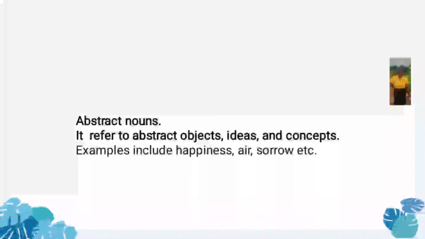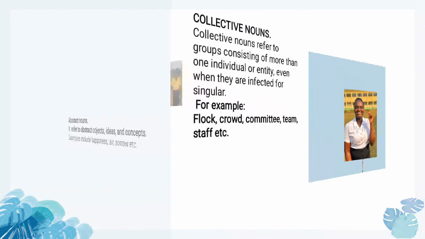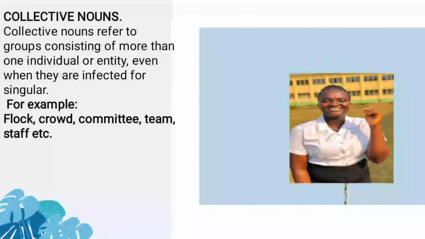As the lesson continues, we move to another kind of noun, which is the abstract noun. It refers to abstract objects, ideas, and concepts. Examples include happiness, air, sorrow, etc. Another kind of noun is the collective noun. Collective nouns refer to groups consisting of more than one individual or entity, even when they are singular.